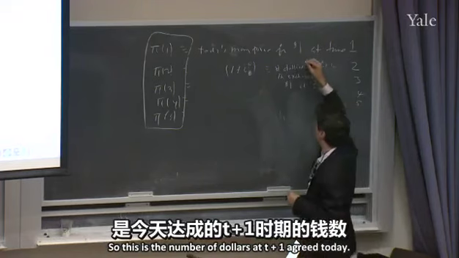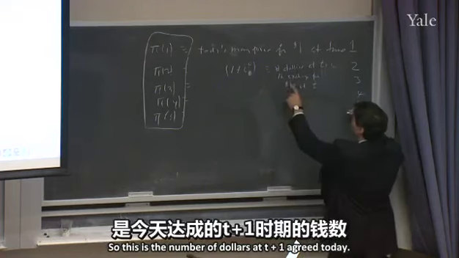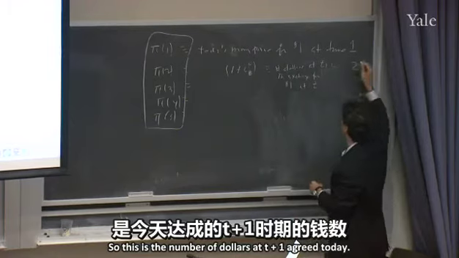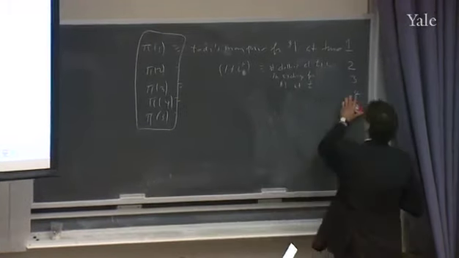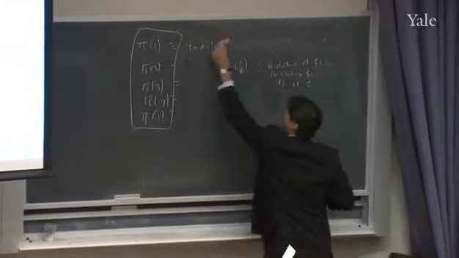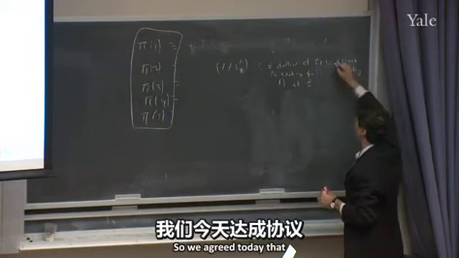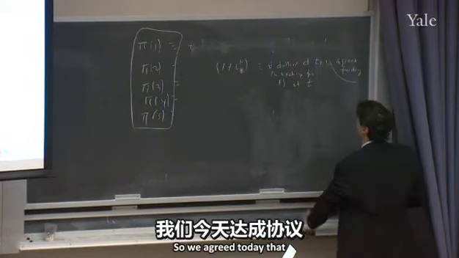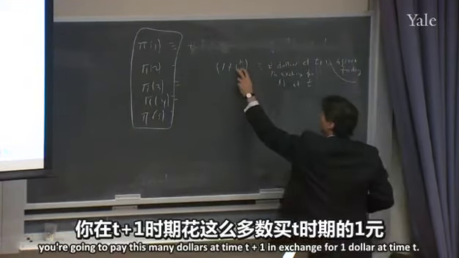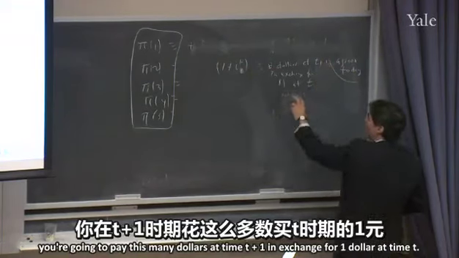So this is a number of dollars at t plus 1 agreed today. Okay, so we agreed today that you're going to pay this many dollars at time t plus 1 in exchange for $1 at time t.